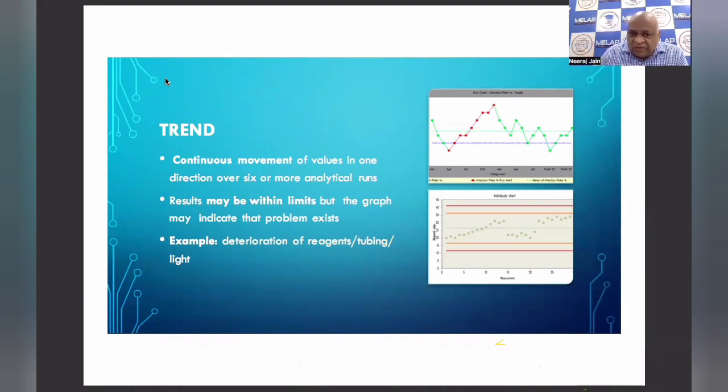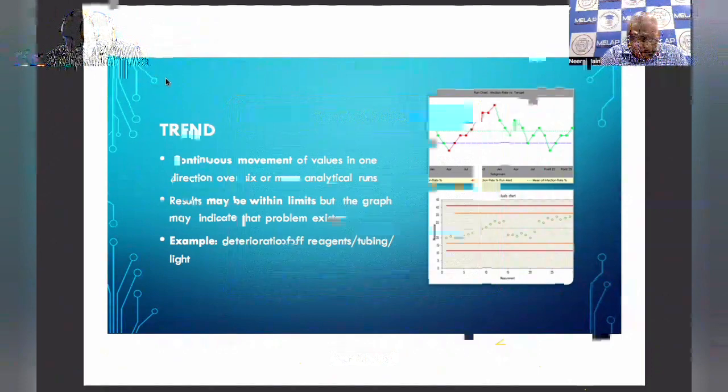This may be because of some deterioration of the reagent, or some leakage or blockage in the tube, or maybe some problem with the light source or some other problem. And in shift, what happens? See this lowest figure. The values are low and then these are maintained in the lower values. This is called shift.